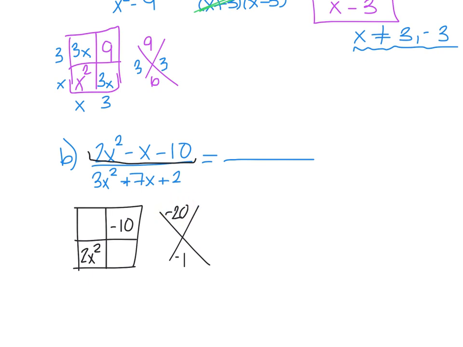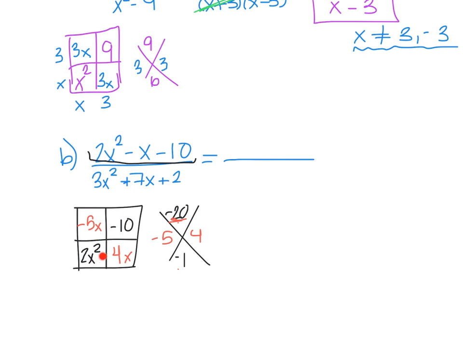So that is my answer for that. So negative 5 times positive 4 multiplies to negative 20 and adds to negative 1. So that means I would put negative 5x here and positive 4x here.